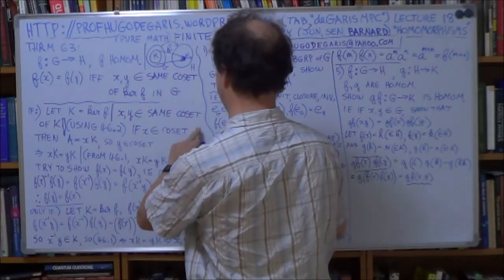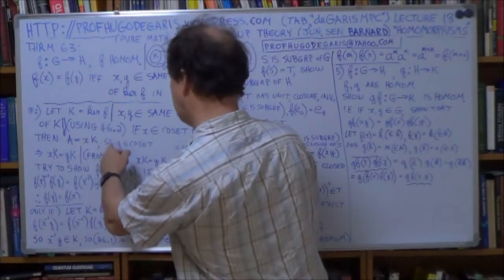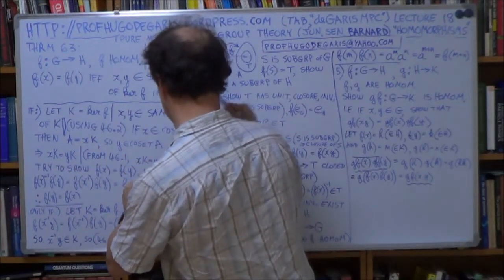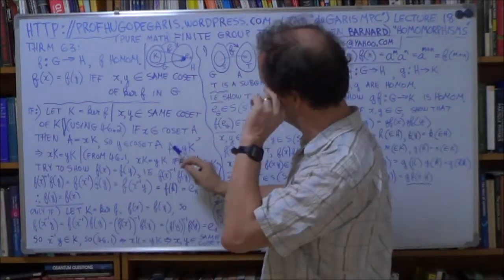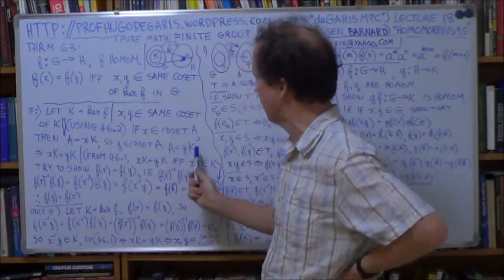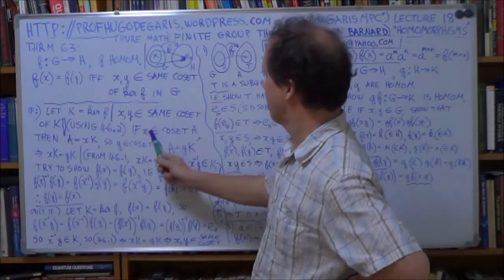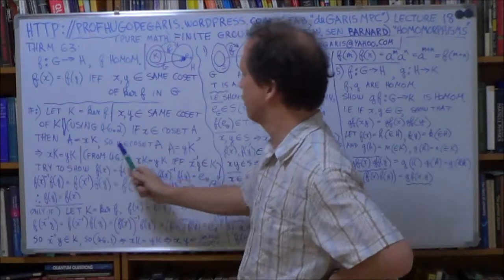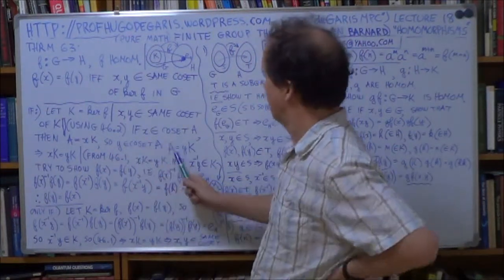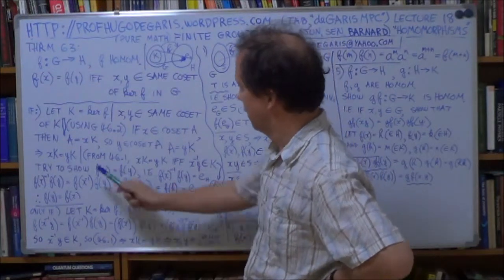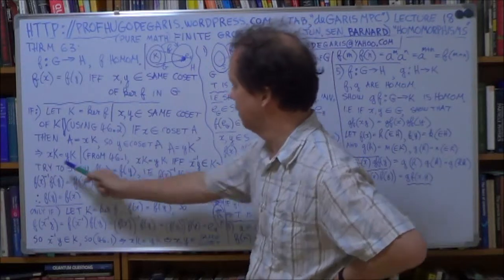Better be careful, this can be some other coset besides K. So if x belongs to coset A, then we have this. If y belongs to coset A, so in other words x and y belong to the same coset, A equals yK. Well, A equals xK and A equals yK, therefore xK equals yK.